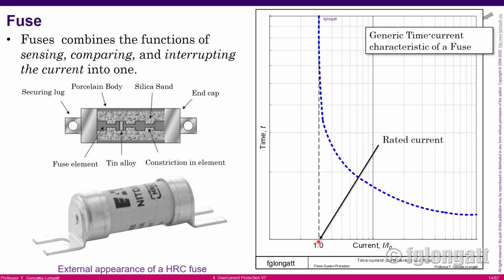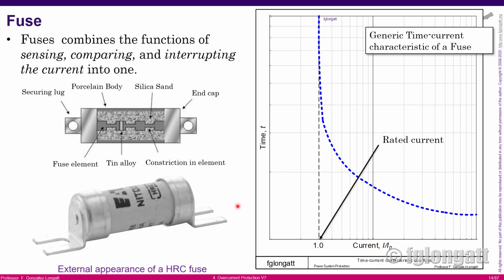If the current is equal to this value, the fuse can keep working, but when the current moving across the fuse is above this number, you will start to have faster and faster operation.